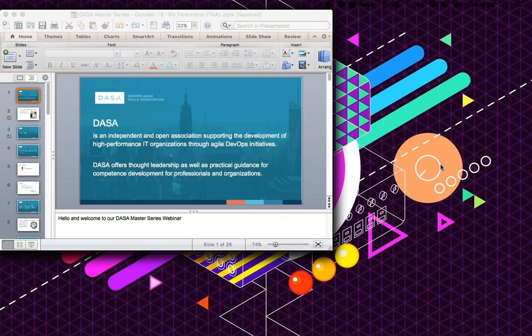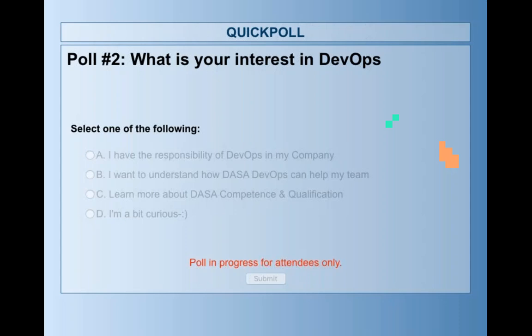Okay. Let me also do the second one directly afterwards. This one is, what is your interest in DevOps? Are you just curious, or do you actually have some responsibility within your company to implement this?